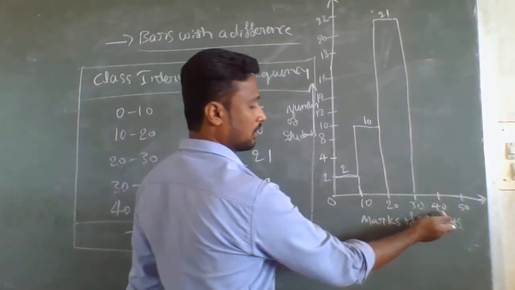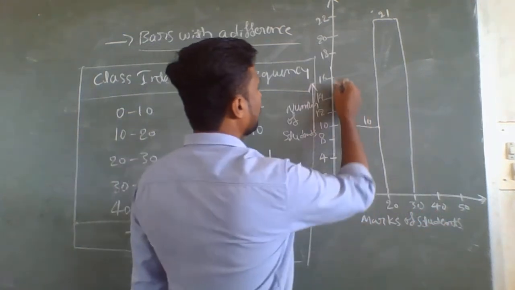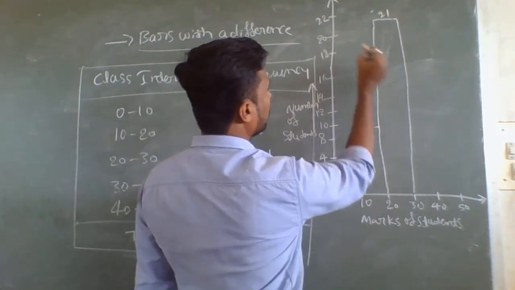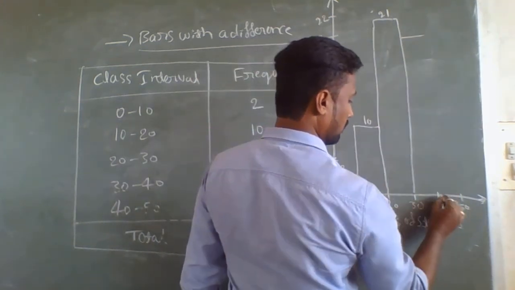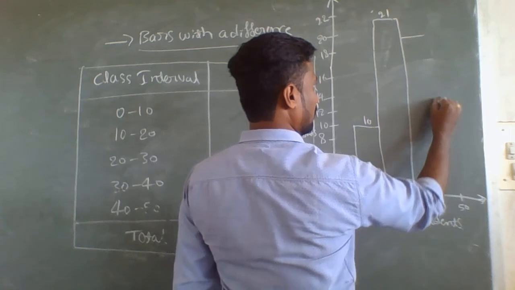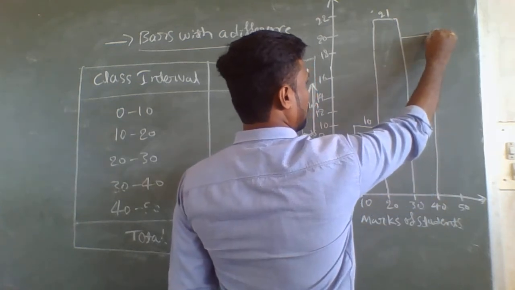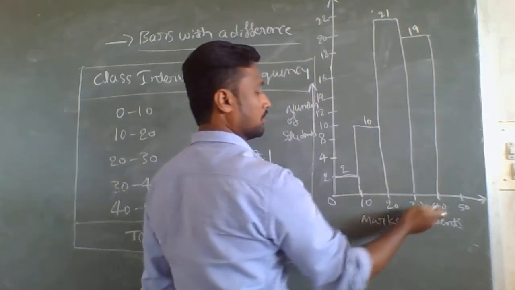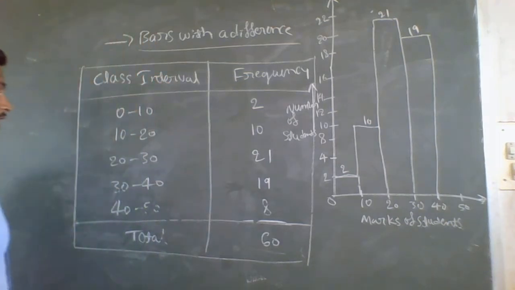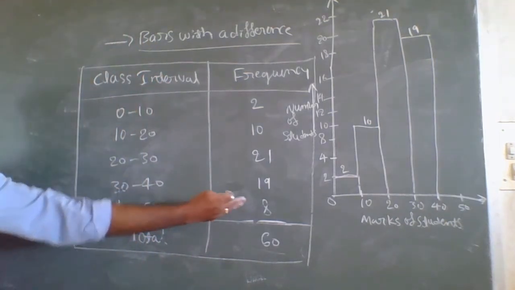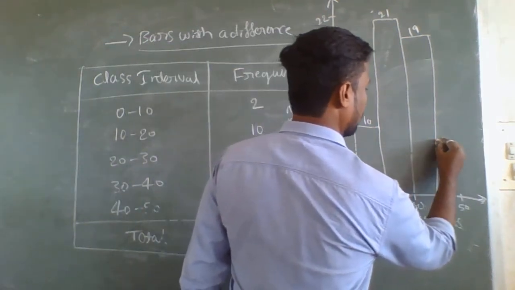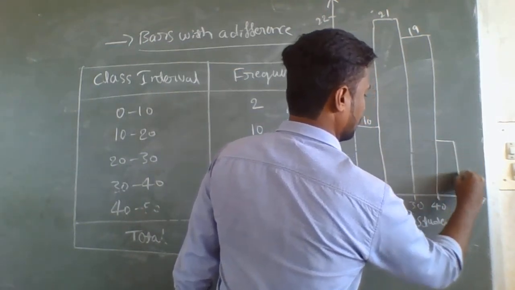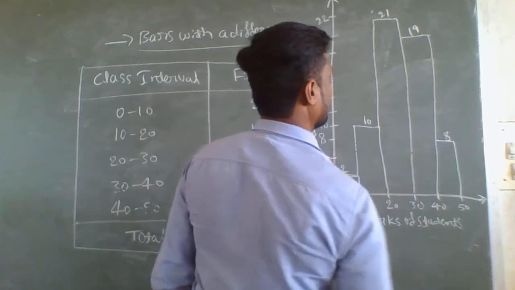Between 30 to 40, 19 means it is between 18 and 20. This is 19 students between 30 to 40. And between 40 to 50, how much? 8. This is 8.